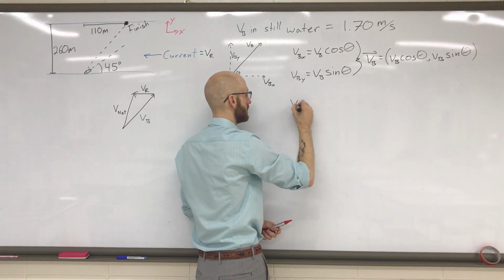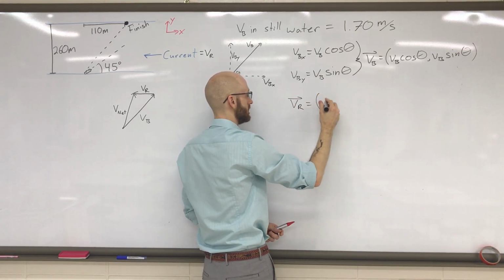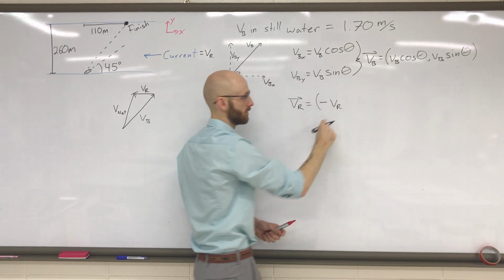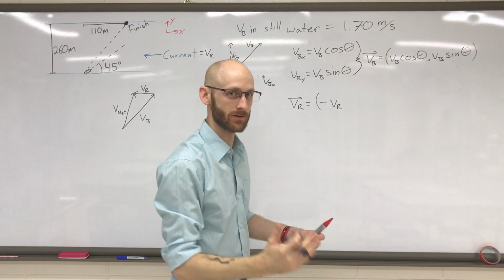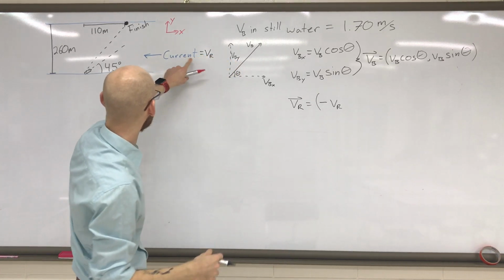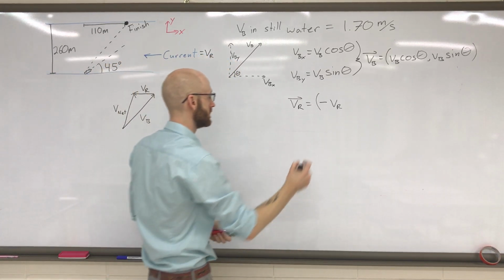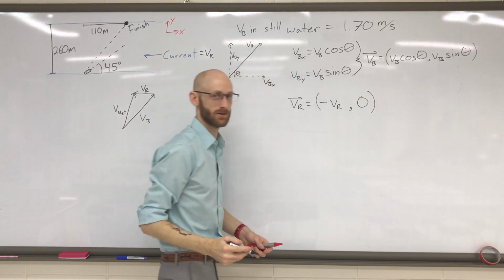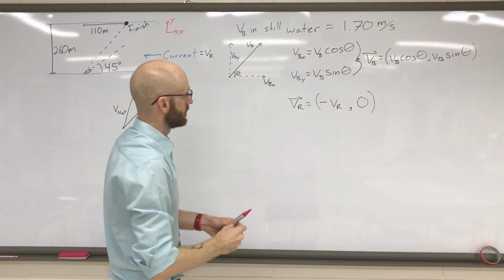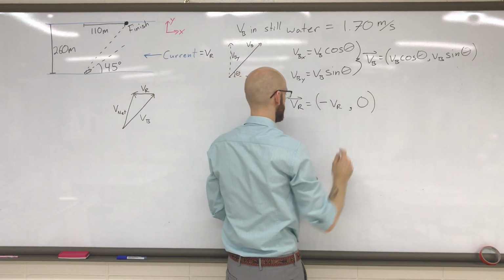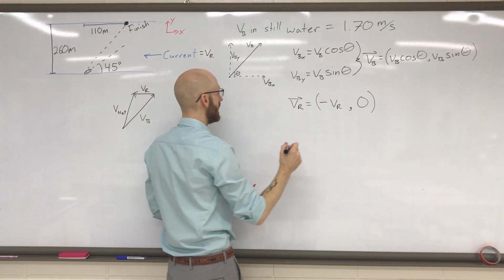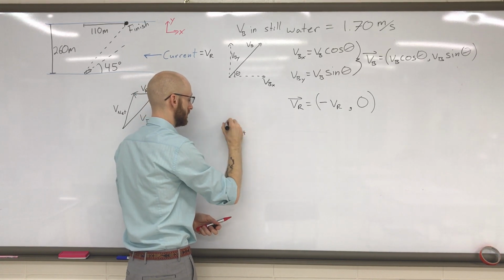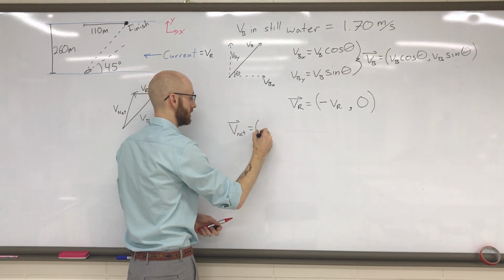V river, that would just be negative VR. Right, VR represents the magnitude of the river's speed. Negative I put because it's flowing in the negative direction. And this river has no speed in the y direction. So if we're going to combine these components, we end up with the net velocity of the boat looking something like this.